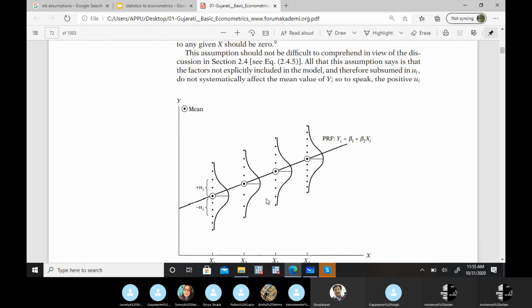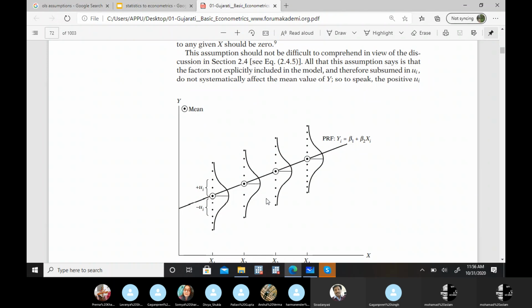Yeah, Divya, that's the theoretical meaning, but I'm asking why it's important and why it's an assumption. That's the same thing you are saying, but why this assumption? What is its implication?